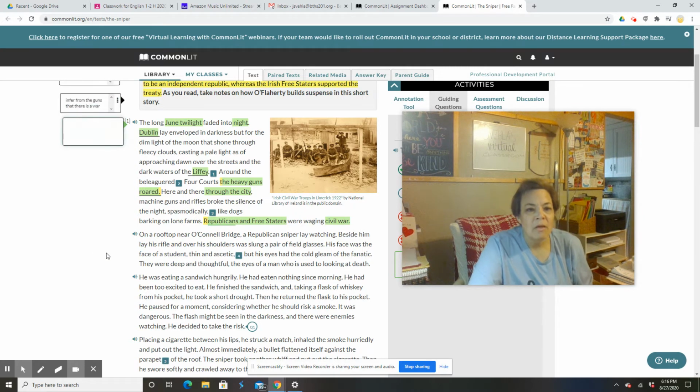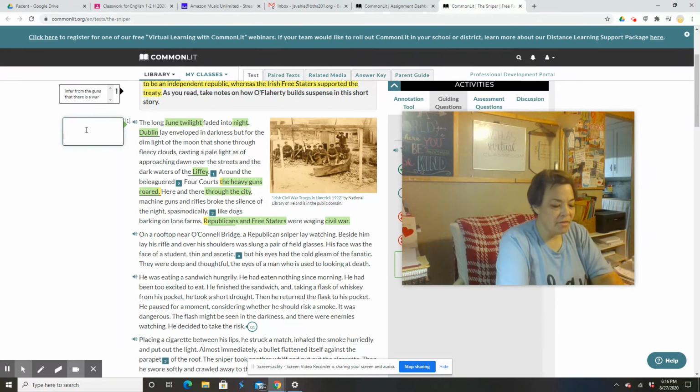Here we go. So this is two oppositions, which means it is a civil war, and a civil war means Ireland's men against themselves.